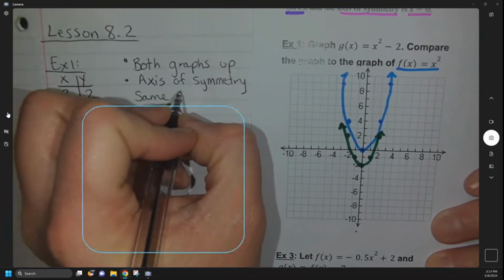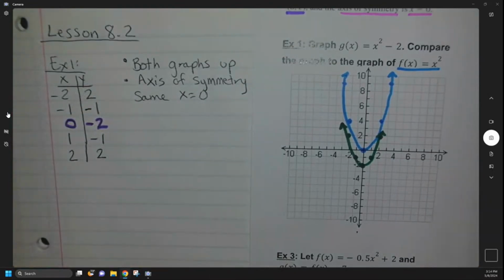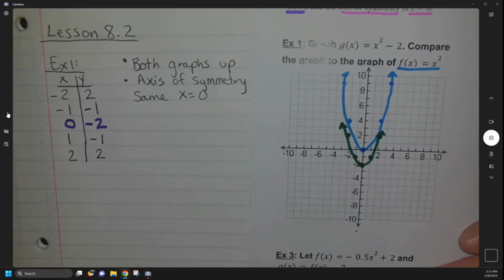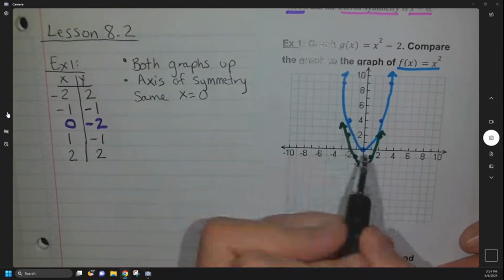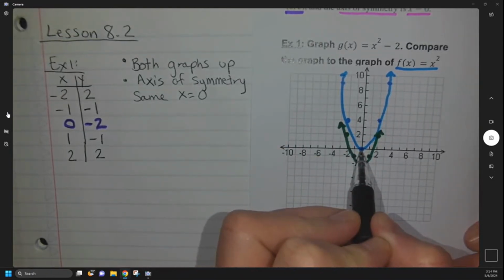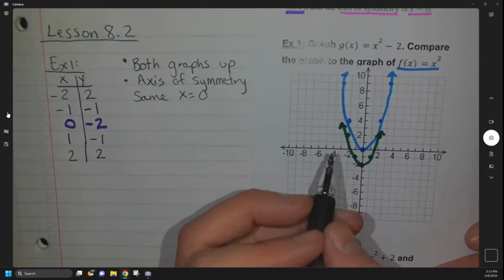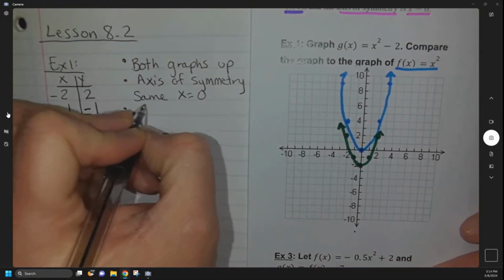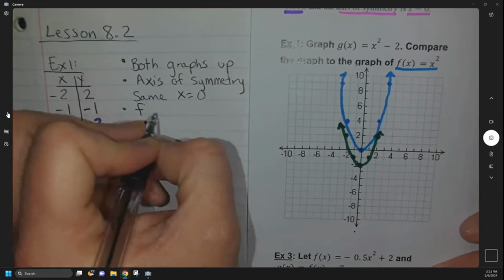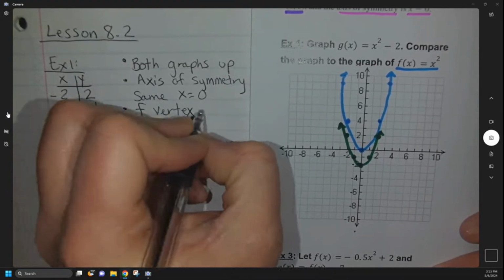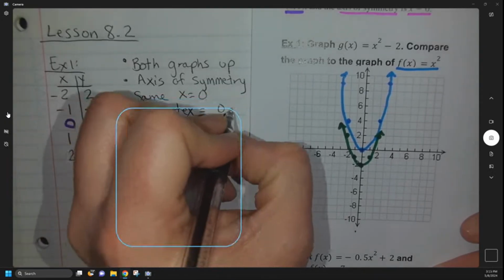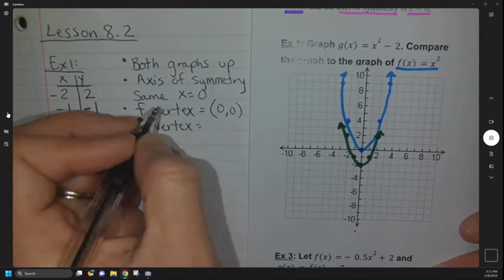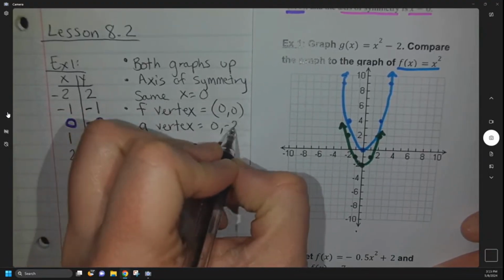And we know that that is x equals 0 for that axis of symmetry. All right, so here's some things that I noticed are a little bit different. If I'm looking at this blue graph, that vertex is still 0, 0. But for the function g, that vertex is down here at 0, -2. So we're going to say f's vertex is 0, 0. g's vertex is 0, negative 2.